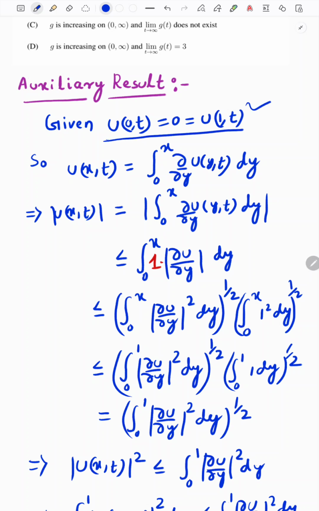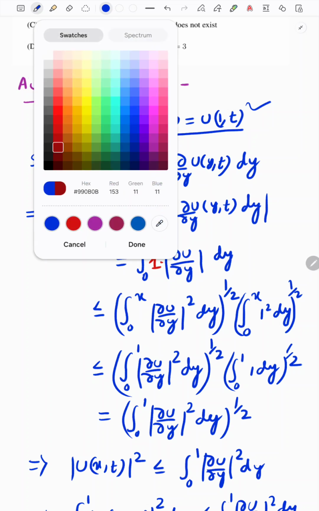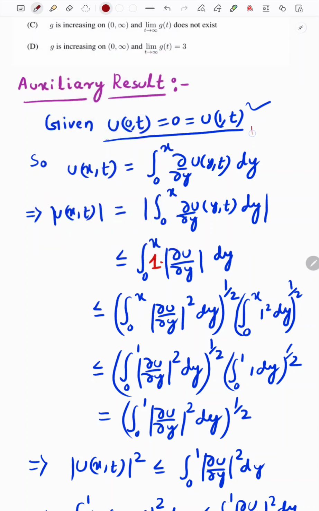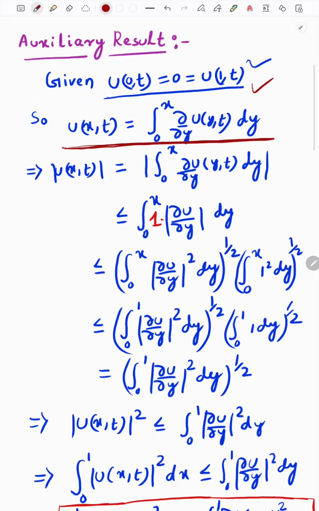Then by using the fundamental theorem of calculus, it can be written in this way: u(x,t) is equal to the integral of the derivative, because derivative and integration cancel out, minus u(0,t), but we know that u(0,t) is equal to 0, therefore u(x,t) is equal to this one, so there is no harm to write this equality. Okay, then we will take the modulus on both sides.